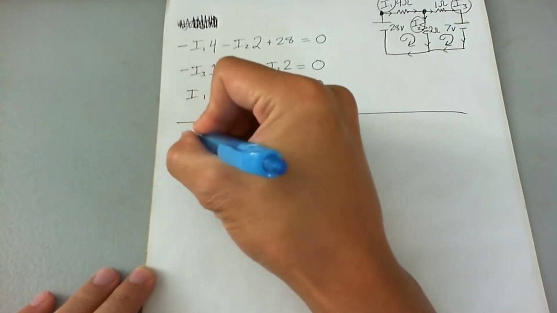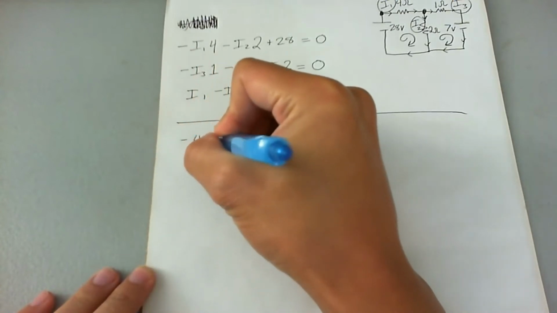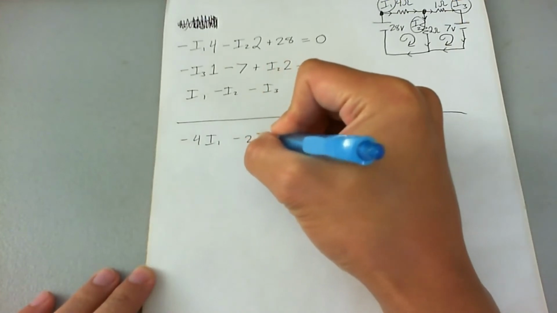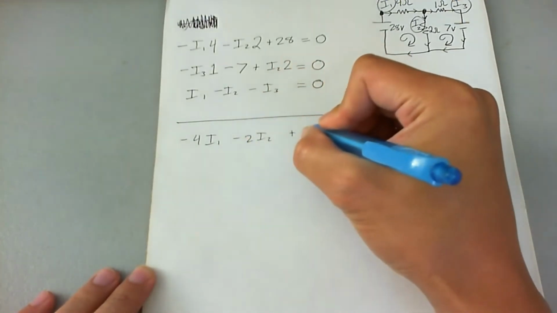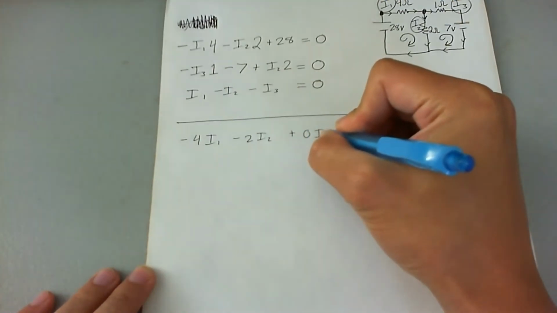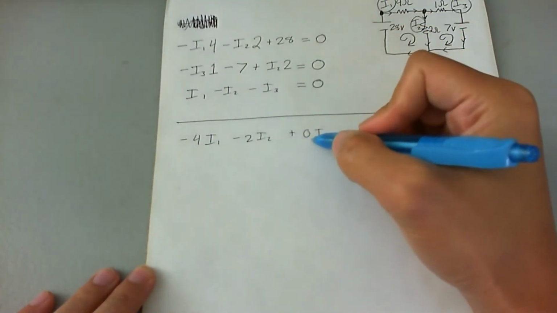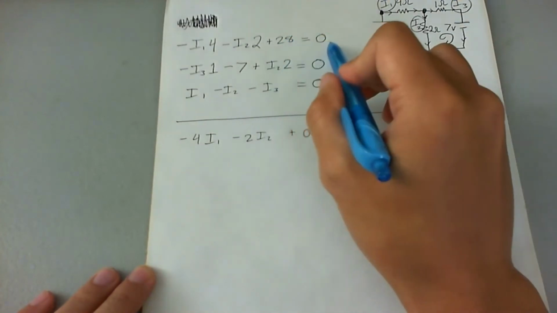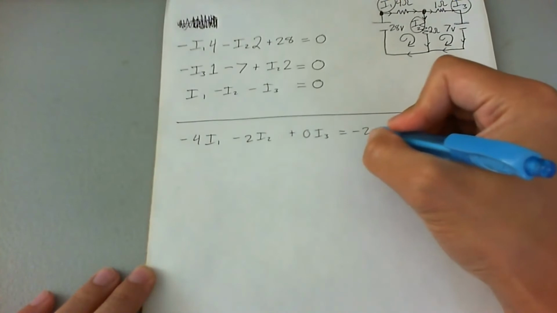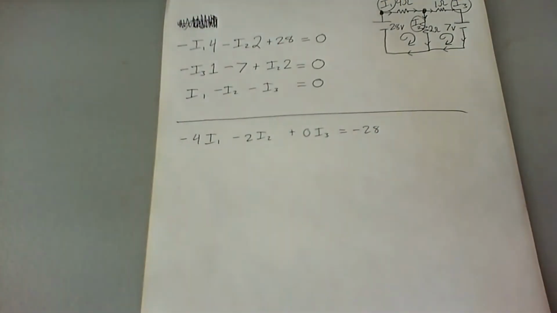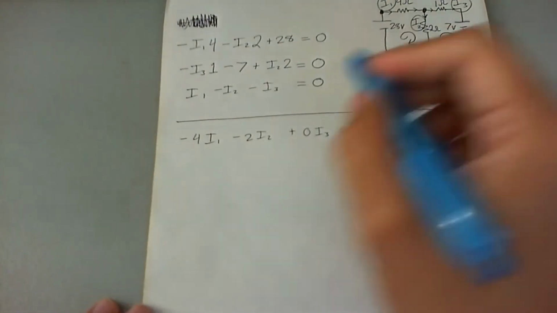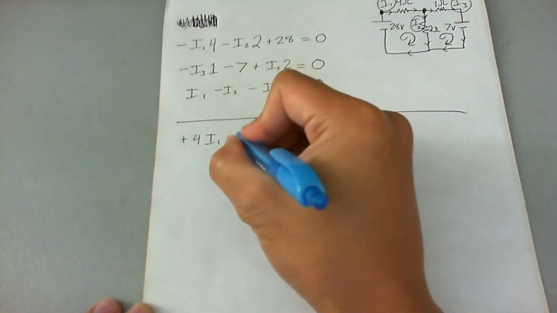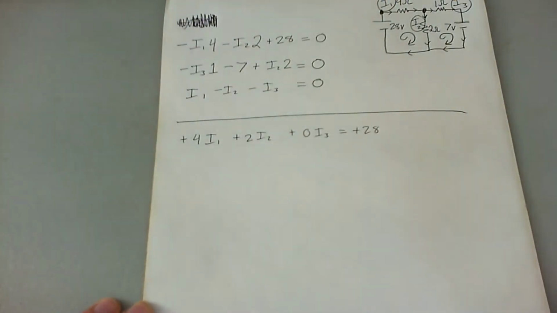So we're going to have 4I1 minus 2I2 plus 0I3, since there's no I3 component, you could just put a 0 in front of it, equals, put 28 on the other side, negative 28. Just to make it nicer, I'm going to go ahead and multiply both sides by negative 1 so I can get rid of all of these negative signs.